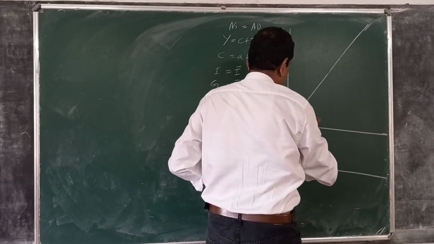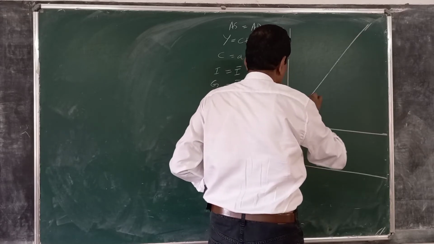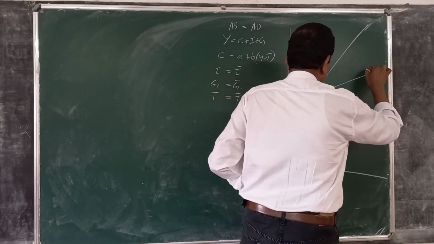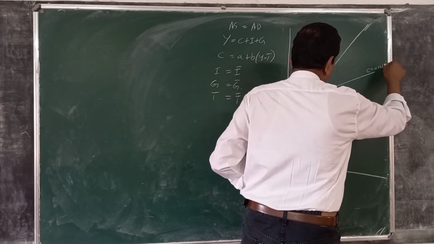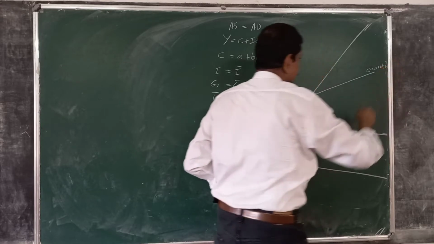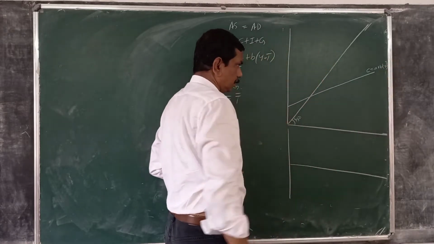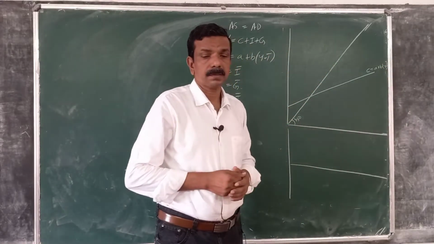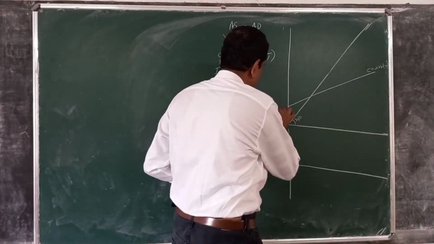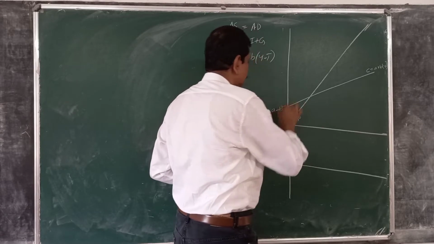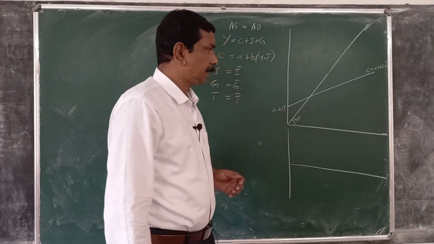The 45-degree line. C is equal to A plus B(Y minus T). So now the consumption function is A plus B(Y minus T) with the intercept A minus BT.